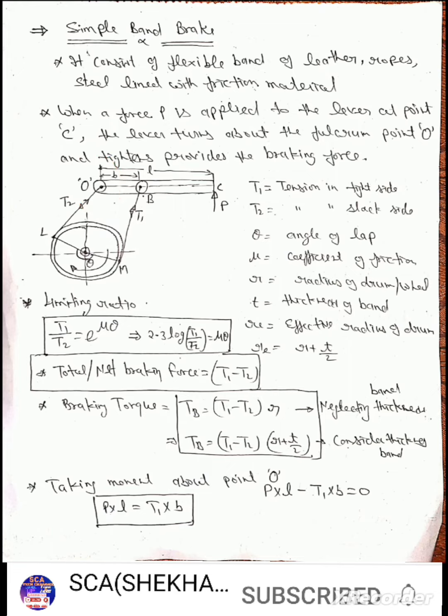Now in all the band brakes, we assume that the T1 and T2 band sides are perpendicular to the lever OBC, and neglect the obliquity effect.